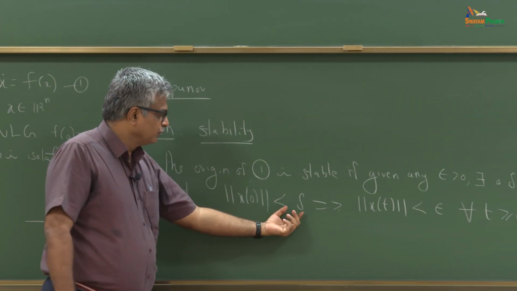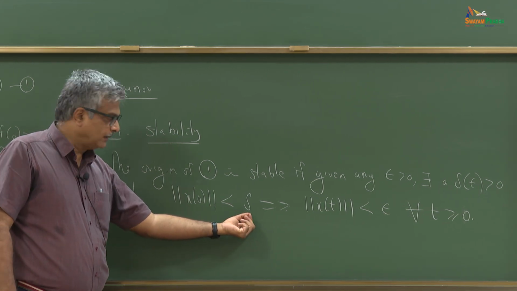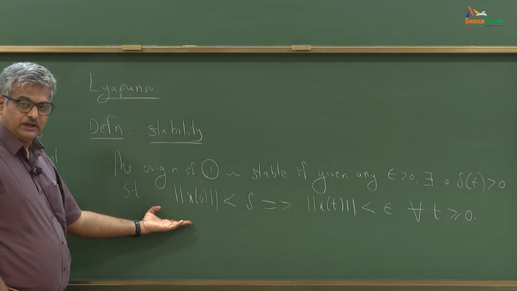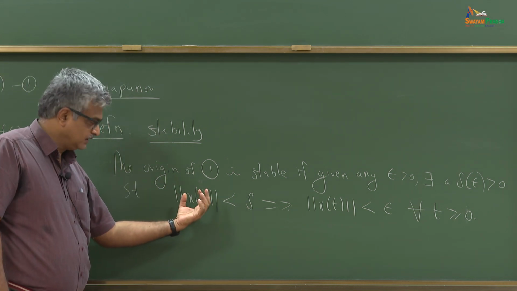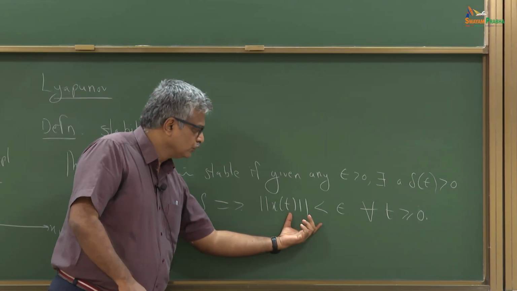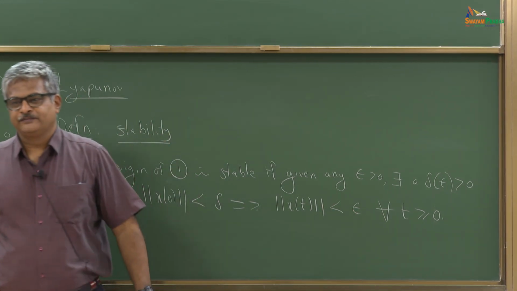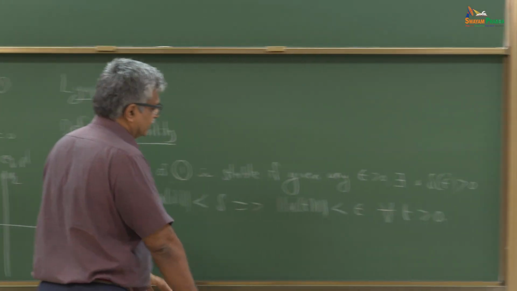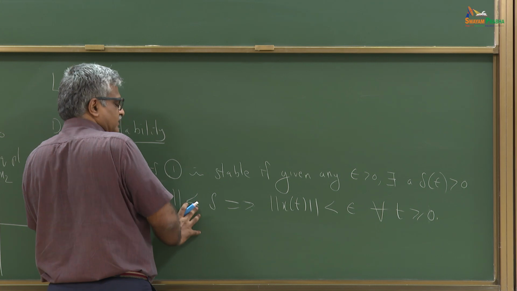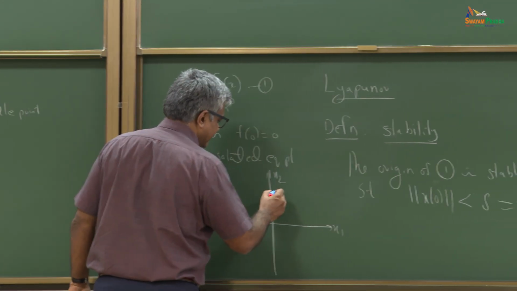That means you have to pick this delta in such a way that for all initial conditions in this delta ball, a ball centered at 0 with radius delta, that's the meaning of this inequality, your solutions are trapped in the ball with center 0 and radius epsilon. So this is the trapping that you want. So what should be the ball size such that for all initial conditions in this ball, your solutions are trapped in this, okay?